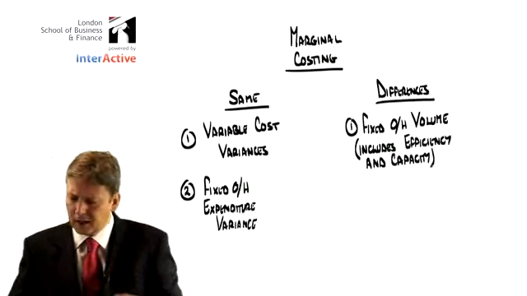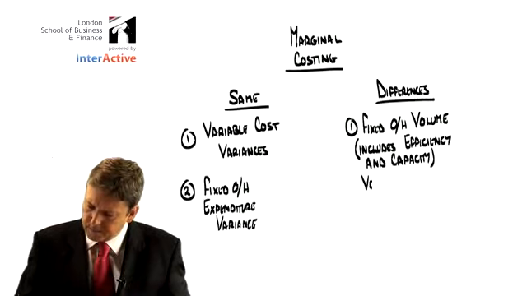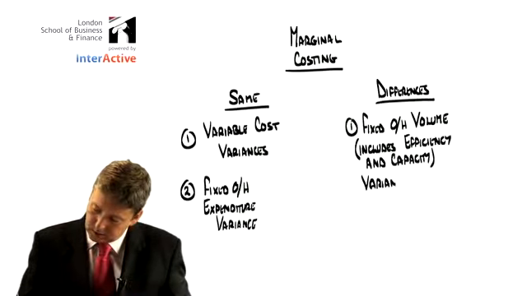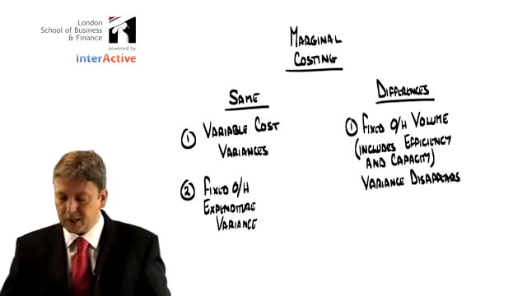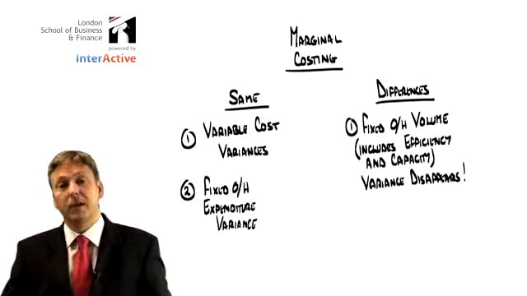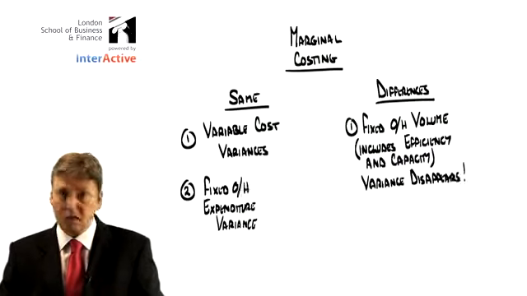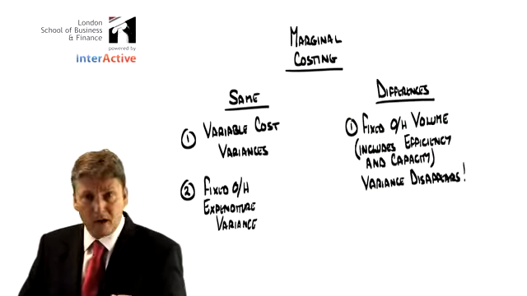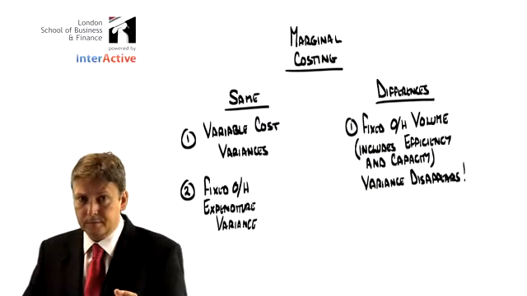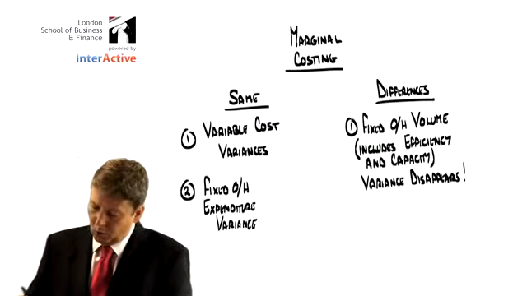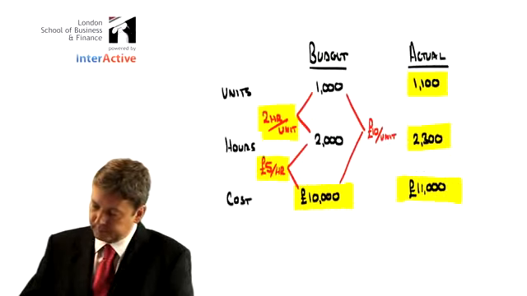Well, that's a great thing. It means that the fixed overhead volume variance disappears. We don't have to worry about it. And if that disappears, the efficiency and capacity variances disappear as well. I don't know about you, but it makes life an awful lot easier. In essence, all we're left with is this.